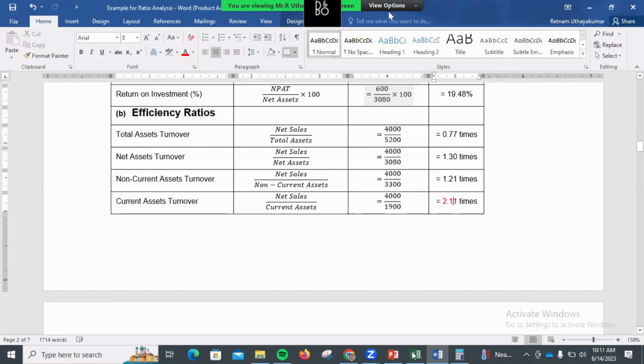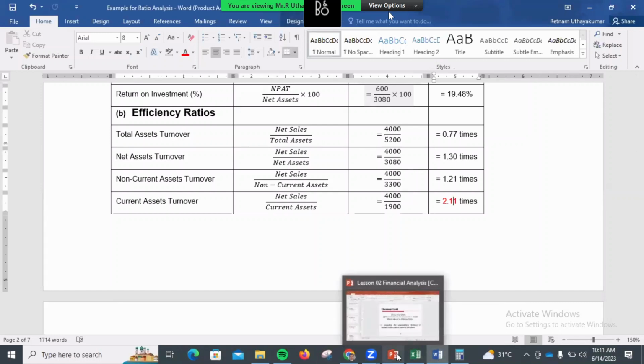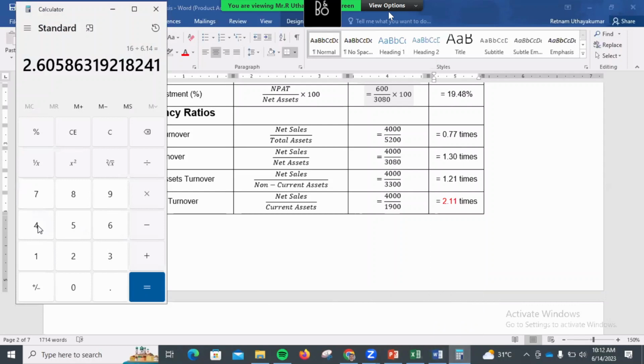So what's wrong with that? If it is 2.10, you take it as 2.11.